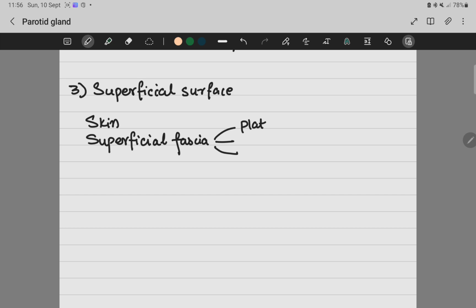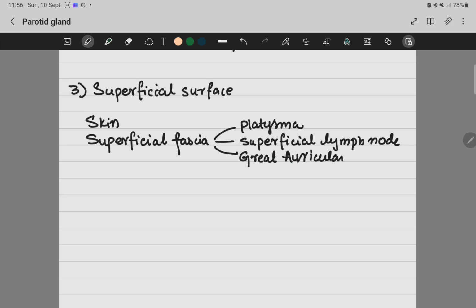One is the platysma. One is the superficial lymph node, and one will be the great auricular nerve.